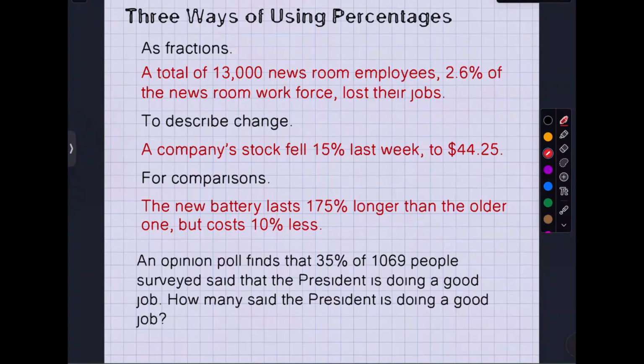So an opinion poll finds that 35% of 1,069 people surveyed said that the president is doing a good job. So how many said that the president's doing a good job? Or do you guys just look at the 35% going, most of them say that they're not doing a good job?